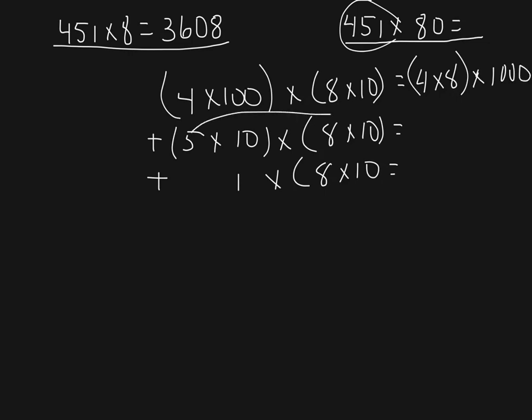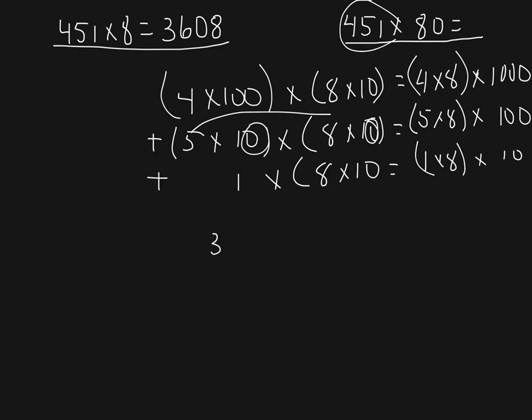We're going to multiply these numbers that aren't tens together. 5 times 8. And we're going to multiply that times 10 times 10, which is 100. And then, of course, the 1 times 80 is going to be 1 times 8 times 10. And unfortunately, I've run out of room, so I'm going to kind of move everything down here.